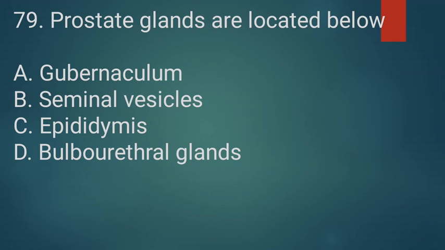Here, if you know the proper structure, then only you can write the correct answer because it is a direct question. The prostate glands are located below seminal vesicles. That is option B is the right answer.